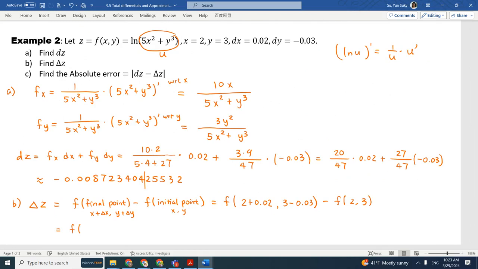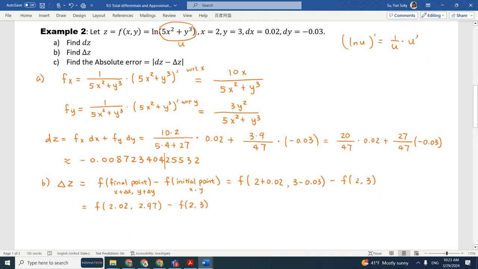Okay, let's see. We combine them. So this is f of 2.02 comma, what is 3 minus 0.03? 2.97. Yes. Okay, minus f of 2, 3. All right. Now, when you compute change of z, you don't touch the derivative at all. You just look at the original function and plug the points into it.